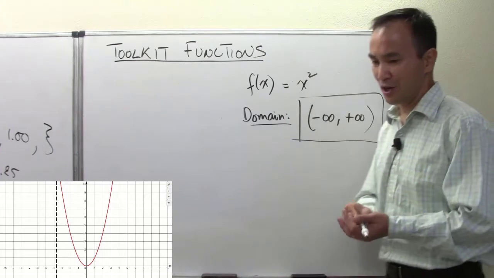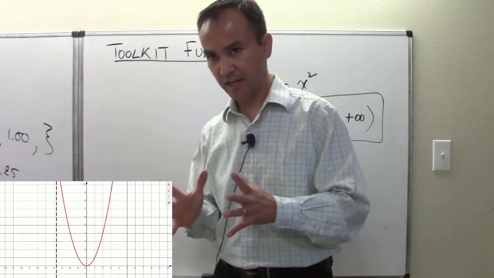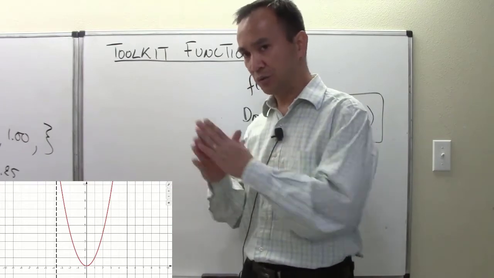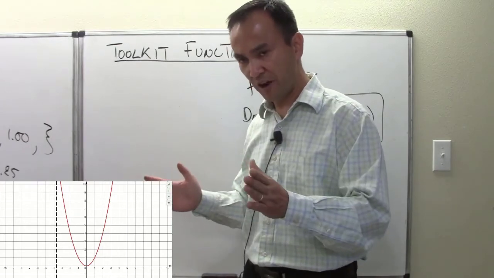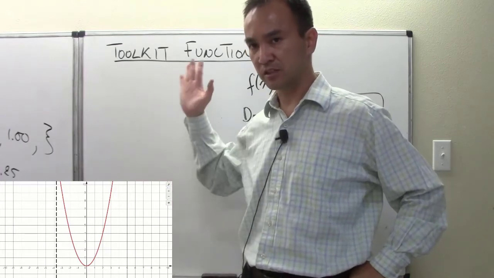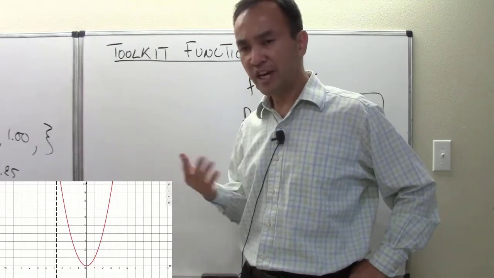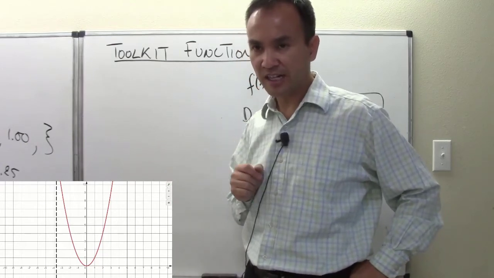And so that is how we can identify the domain of a function and express that in interval notation through a graph. We have investigated the domain of a few toolkit functions. So what about the other toolkit functions that I introduced in my earlier lessons?